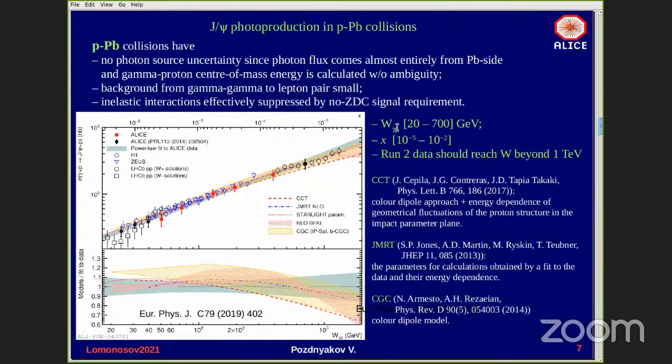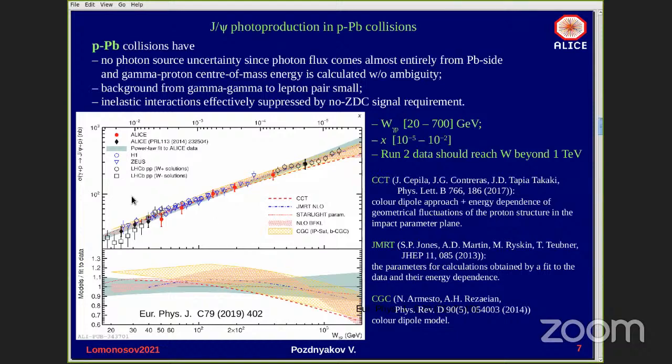So we have quite large gamma-proton invariant mass from 20 to 700, quite small x, and we made a calculation of the cross-section as a function of gamma-proton mass for different rapidities of J/psi.